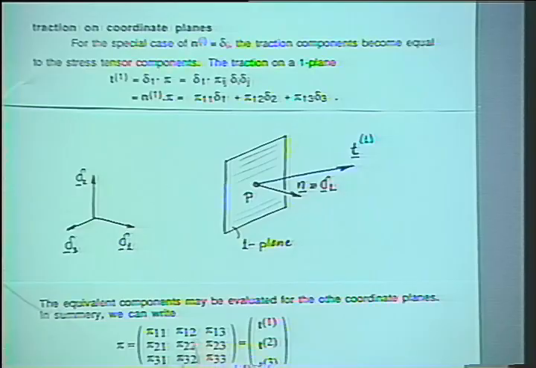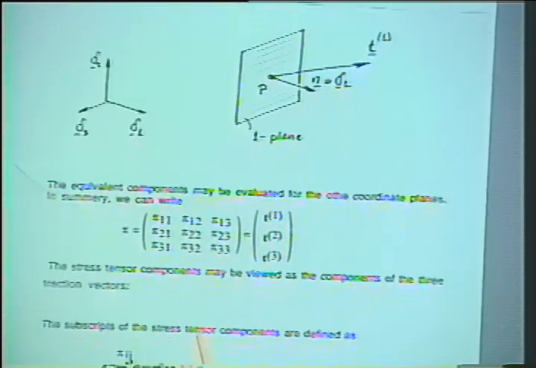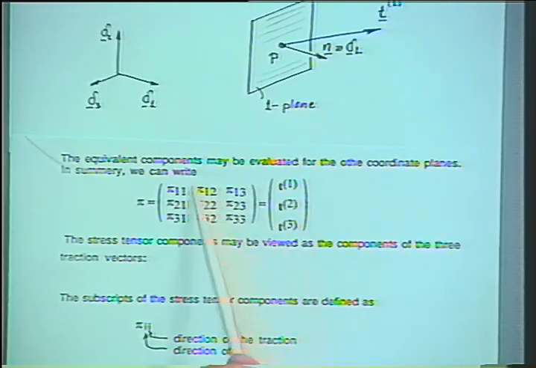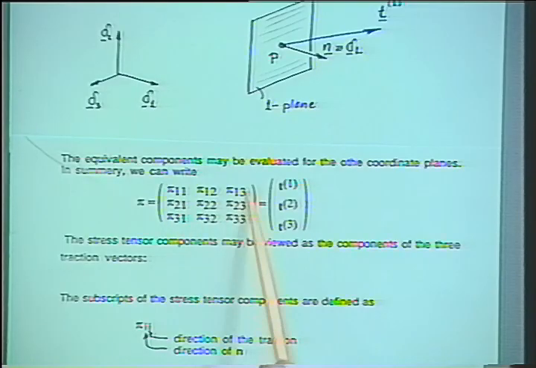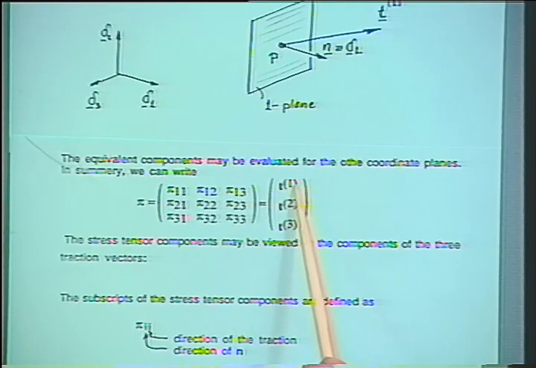And you can see now that when writing the components of the stress tensor, in this matrix, the top row really contains the 3 components of the first traction vector. And if you write it down in components, the middle row gives you the components of the second traction vector, and the same thing for the third row.